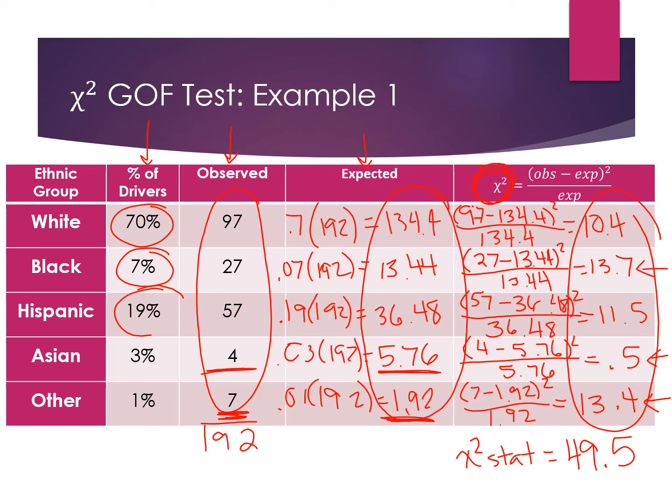What I need to do next is look at my chart and figure out where my cutoff is. This is going to be based on degrees of freedom. Degrees of freedom, remember, is the number of categories minus 1. I'm looking at 1, 2, 3, 4, 5 ethnic groups. So 5 minus 1 is 4 degrees of freedom.